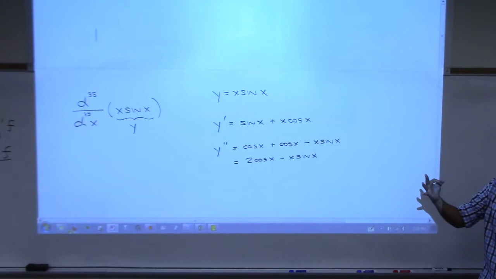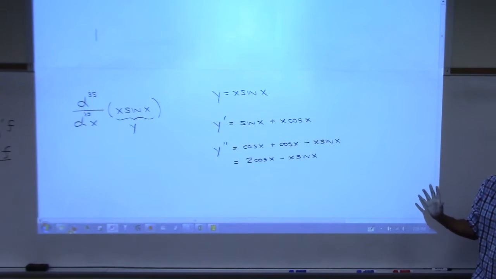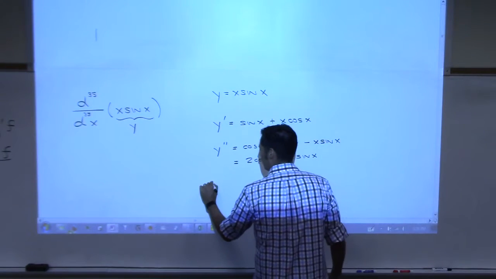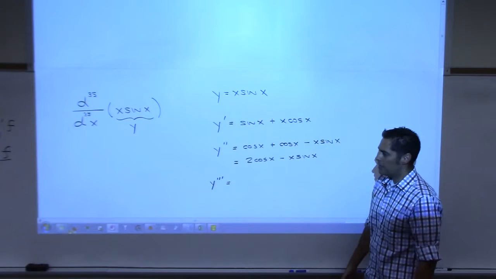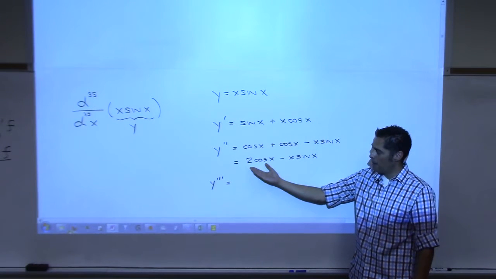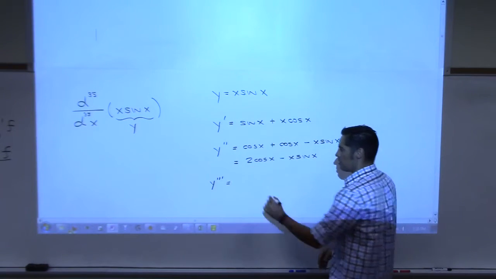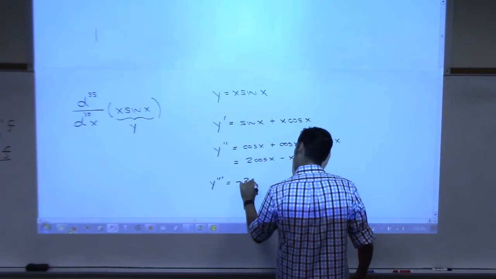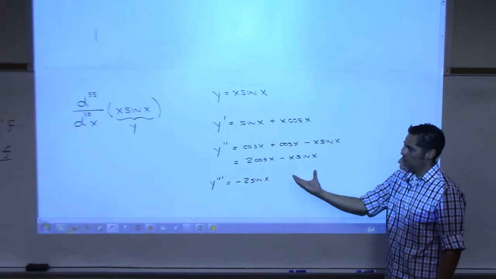Third derivative. I'm going to try not to do 35 derivatives here. I'm going to try and find a pattern, but I don't see a pattern clearly yet. All right, when I take the derivative again, I take the derivative of this. What's the derivative of this going to be? Negative 2 sine x, right? Negative 2 sine x. And then I'd have to do this one, right?